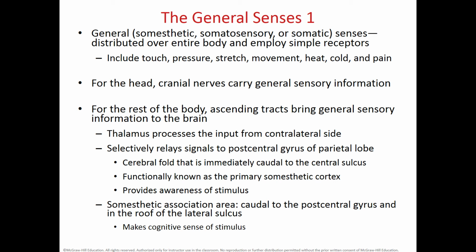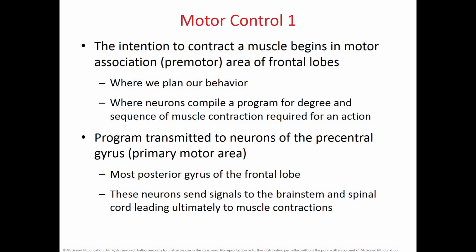The areas of the brain that process these general senses will be the thalamus, also the cerebral cortex, in what we call the primary somesthetic cortex, and the somesthetic association area that is located within the postcentral gyrus in the roof of the lateral sulcus. That's where we make cognitive sense of the stimulus.